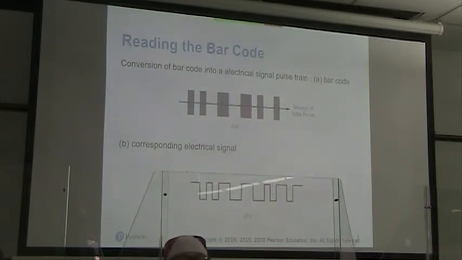All right, so when we're reading the barcode, it is turned into an electric signal pulse string. So this light beam sweeps across and it reads either a 1 for the bars and a 0 for the spaces. That is then translated into an electrical signal, and this would be the electrical signal that we would read from that.